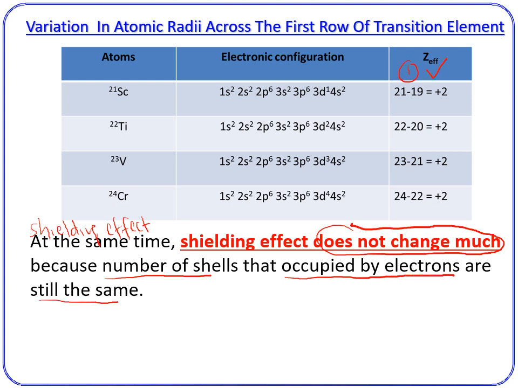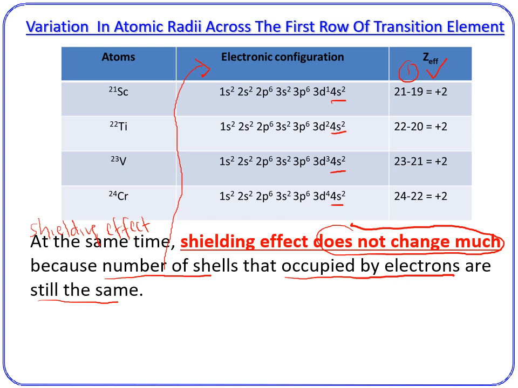We can check it throughout the electron configuration. All these four elements occupy 4 shells, and all end with 4s2.